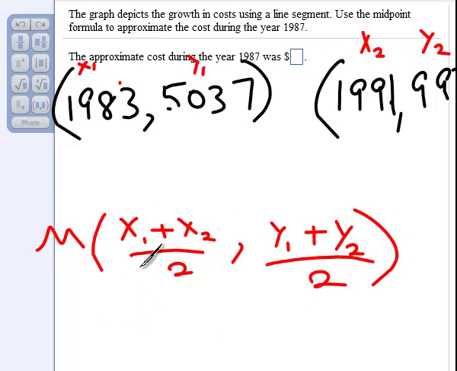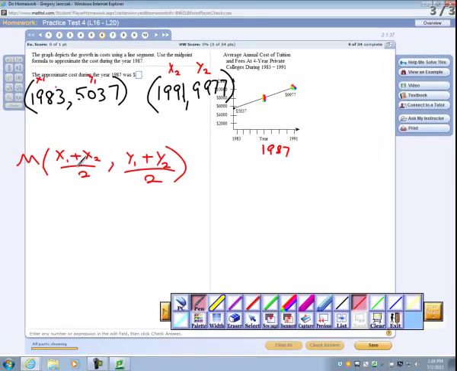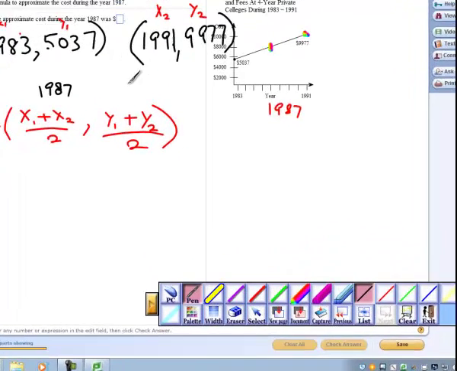So we already know that the midpoint for the year is 1987. Okay, they already gave that to us, so we don't have to do the X part. Really all we're interested in is the Y's.